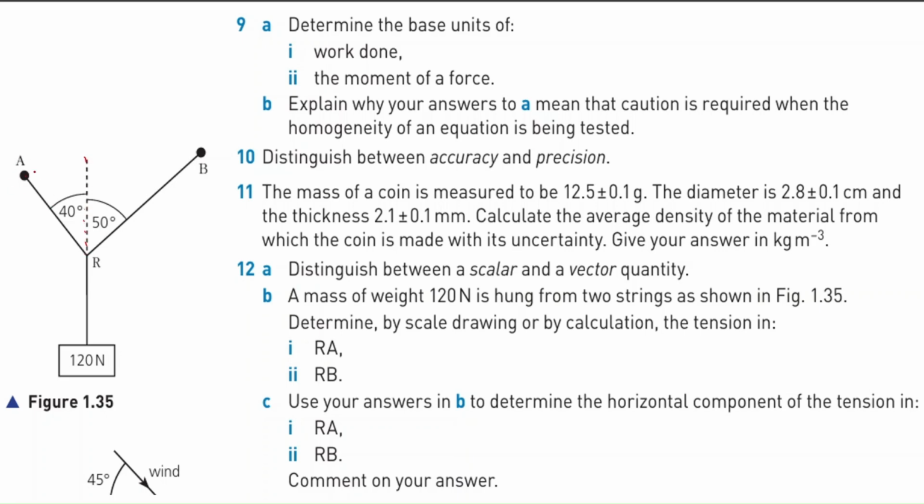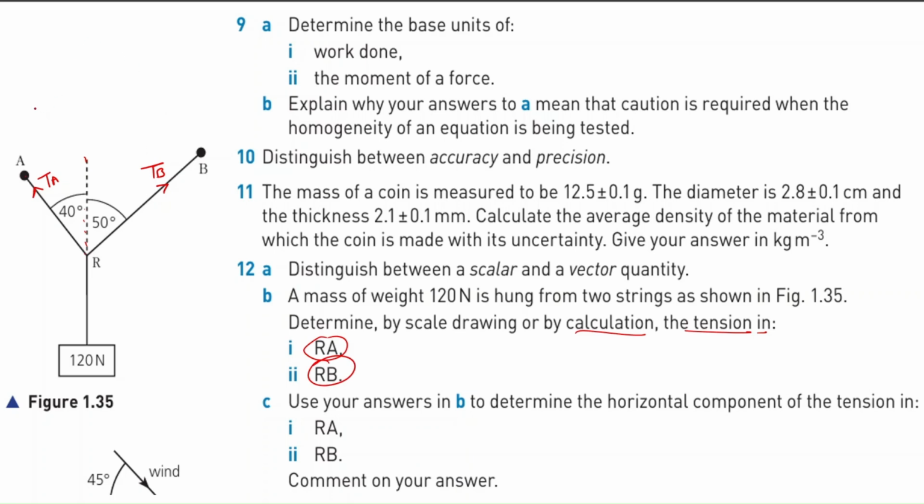So the direction of tension in A is like this, TA, and the tension in string B is TB. Now, read the question: determine by scale drawing or by calculation the tension in A and B. We have to calculate TA and TB values.